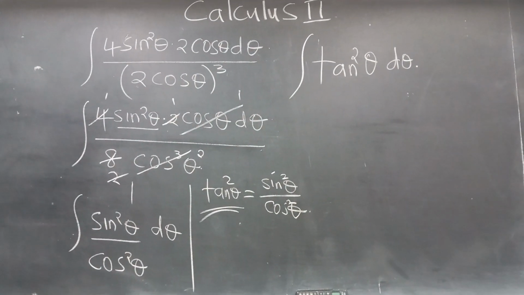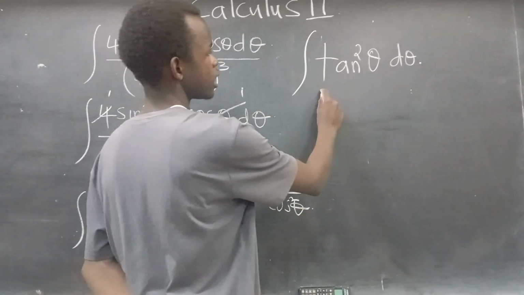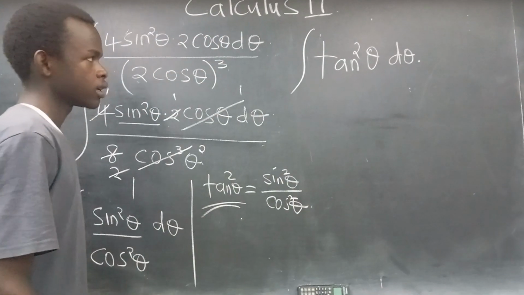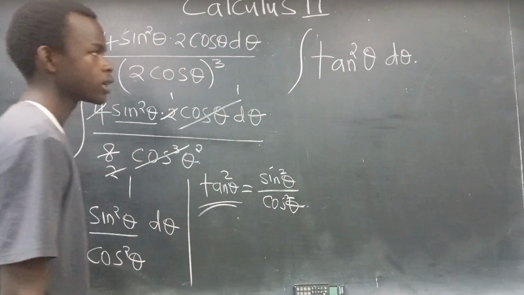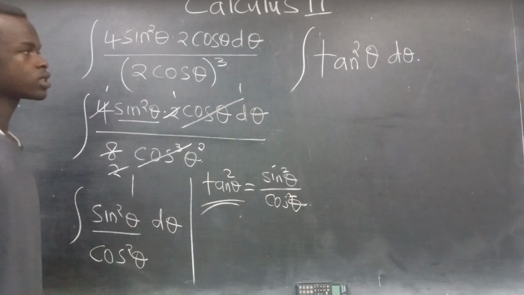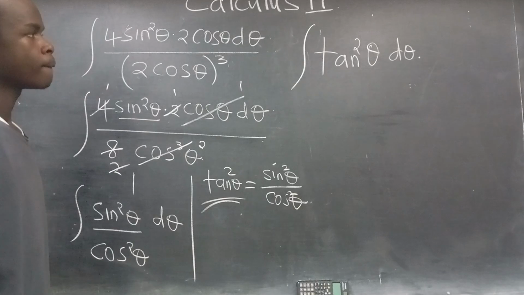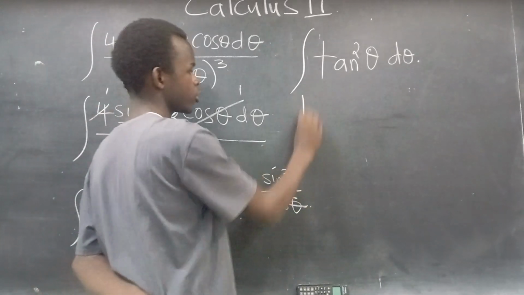But what is tangent squared of theta? From there I can use my reduction formula for tan.